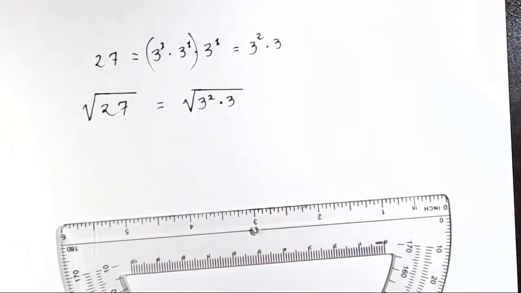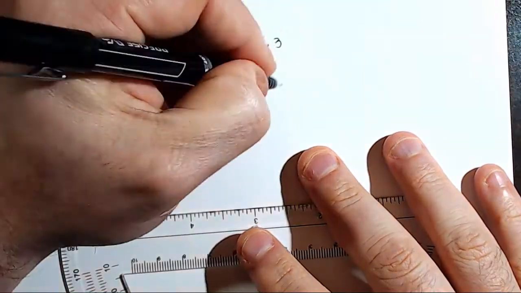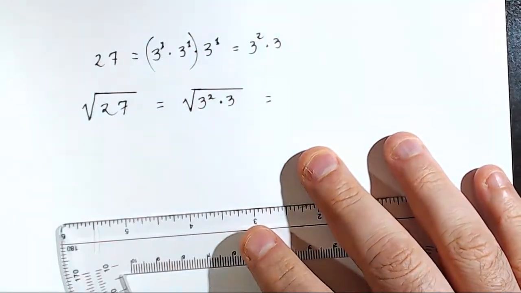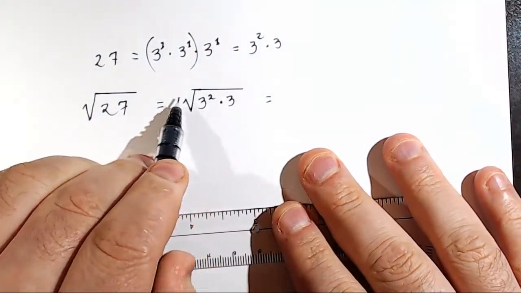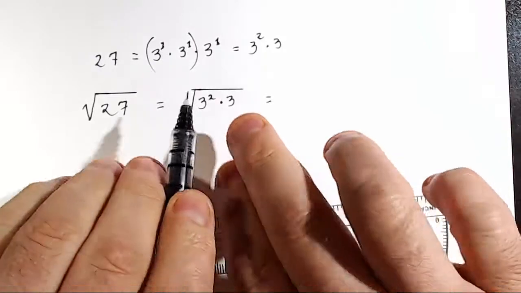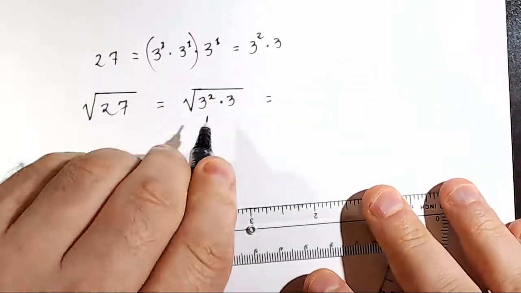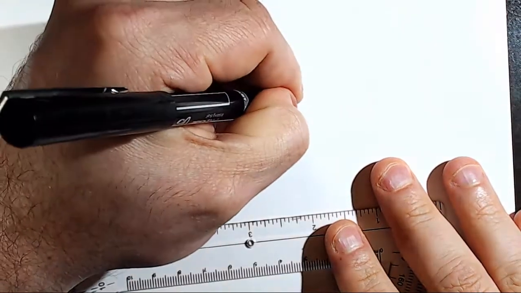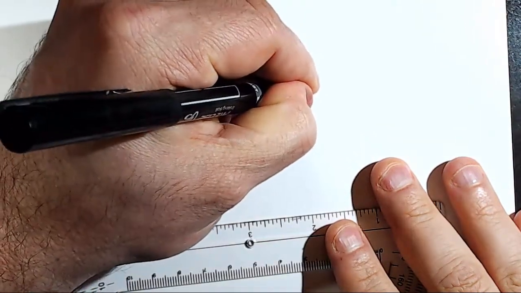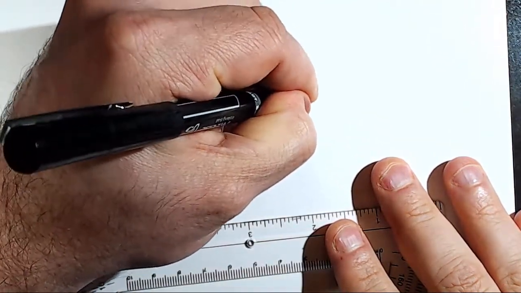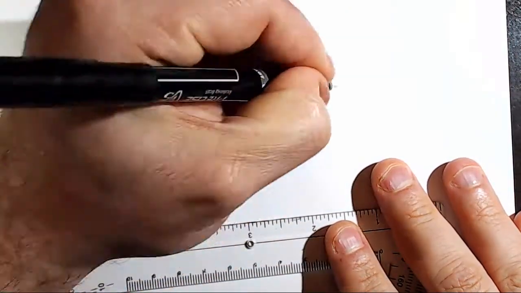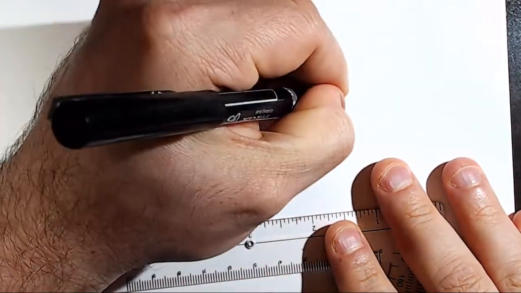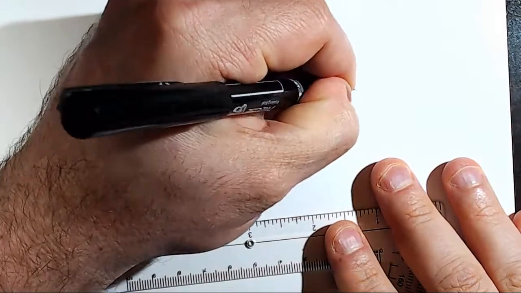Now, why does that help us? Because when you multiply numbers under the radical sign, it's possible to break apart this one square root into two separate square roots. For example, we can take the square root of 3 squared times the square root of 3.